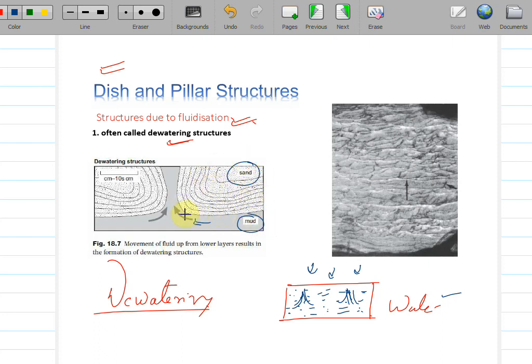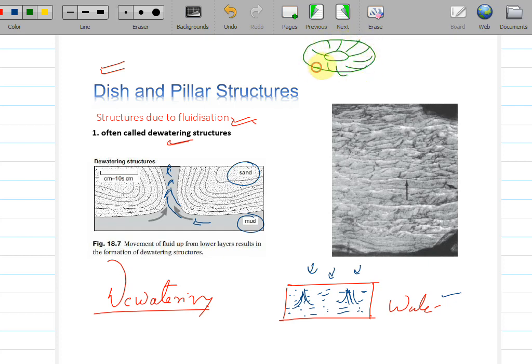So due to this contrasting nature of the sedimentary particles, the water escapes out of this bed, and due to this escaping of the water, you will have these structures which are formed like a cross section of a dish. A dish, like the one you eat food in, a plate is something like this, right, with a slight depression in the middle.